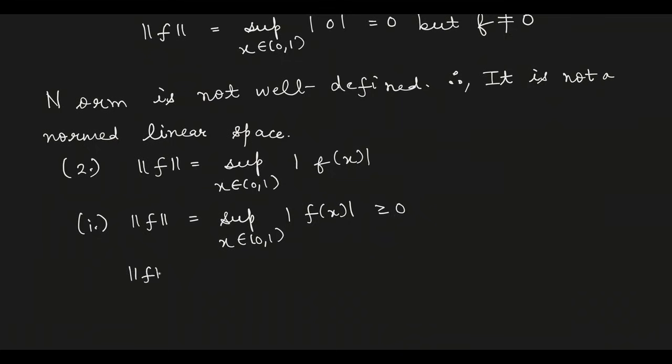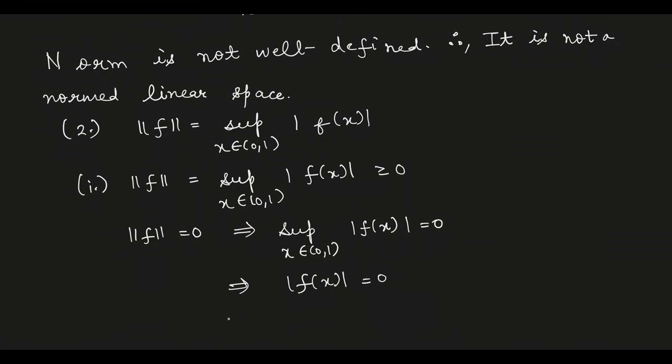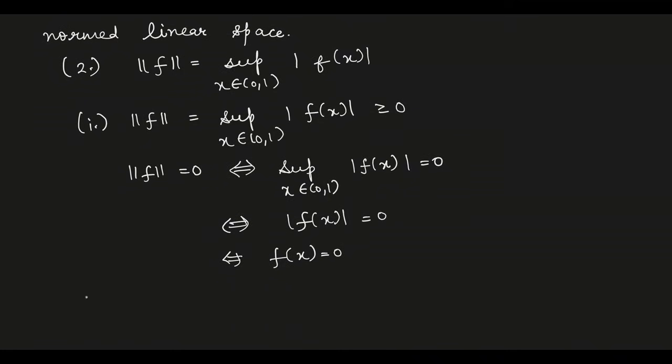And norm of f is 0 means the supremum of mod of f x is 0. This means mod of f x is 0, and this is possible only if f x is 0. So the first property is satisfied if and only if.